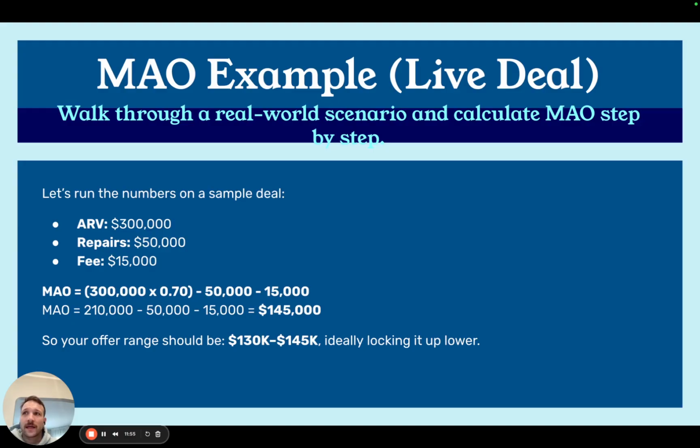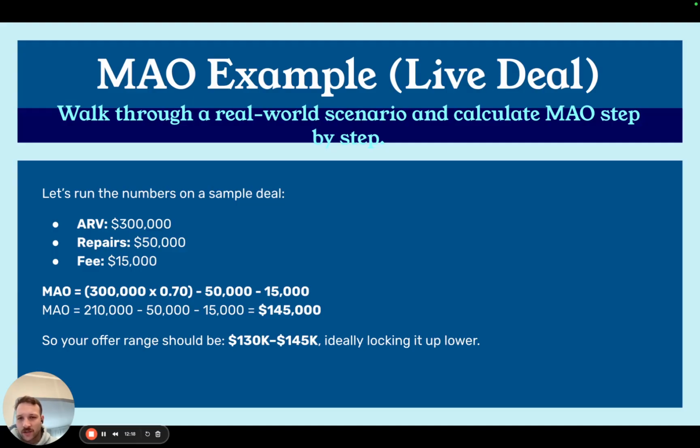So our goal in our sales process is to build in motivation and urgency where price becomes much more negotiable. So our offer on this might be 97,000. It might be 80K. It really just depends on the conversation and where we end up with the numbers.